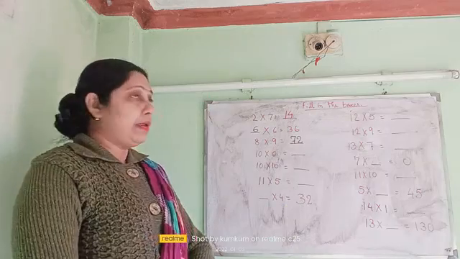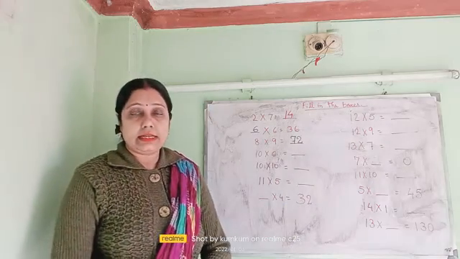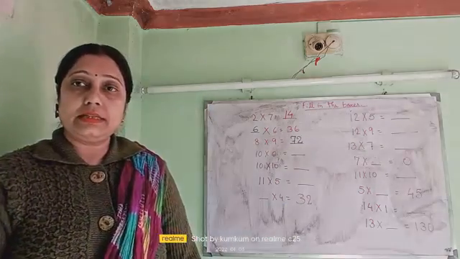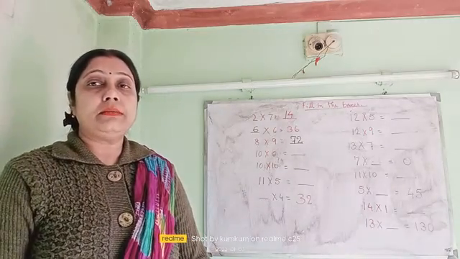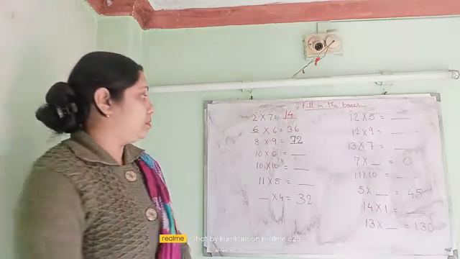Now 10 multiplied by 0. We know, children, that anything multiplied by 0, the answer is always 0. So 10 multiplied by 0, the answer is 0.